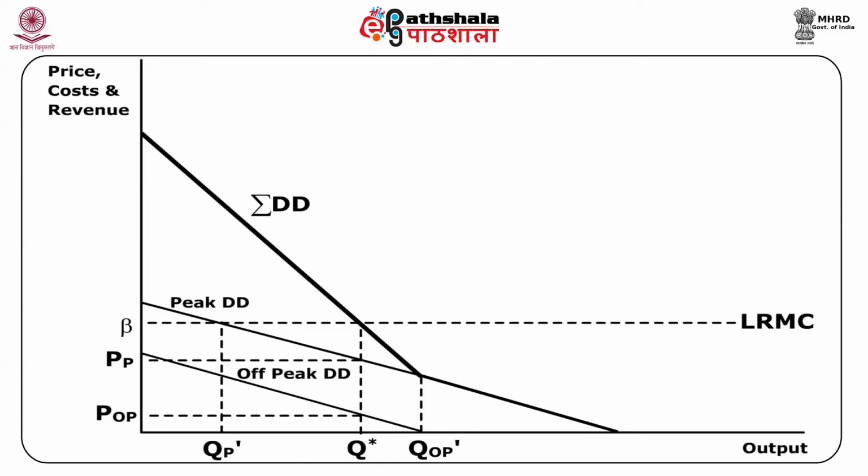The price charged from the off-peak users is POP, and that from peak period users is PP.